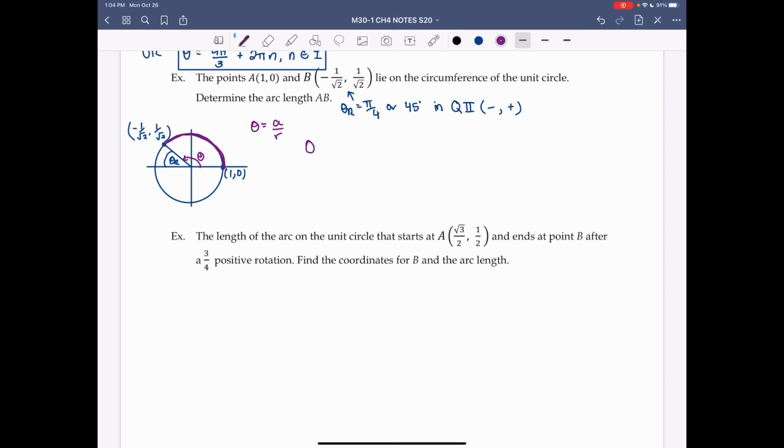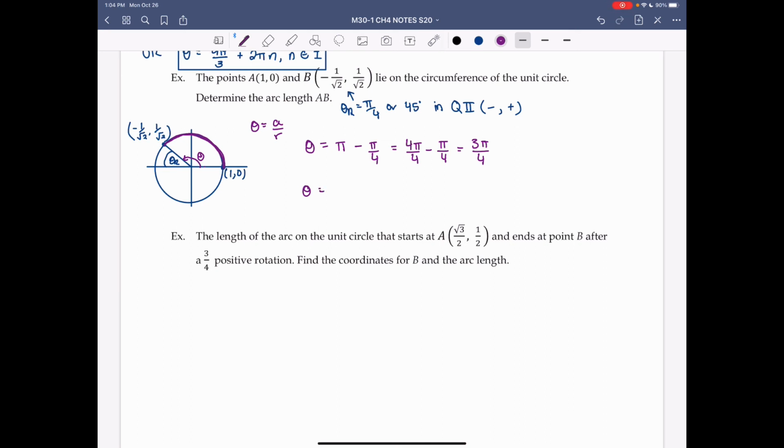So theta would equal, quadrants 1 and 2 together would be pi, subtract theta r, which is pi over 4. Pi would be 4 pi over 4. Subtract pi over 4 gives us 3 pi over 4. Then we can use the arc length formula.